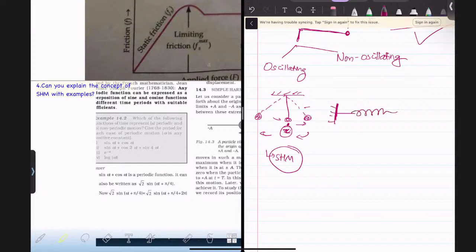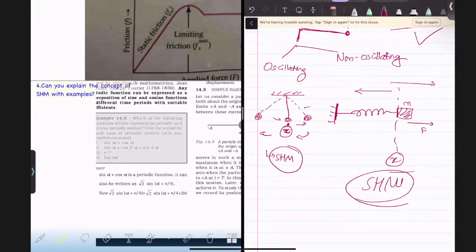If you tie a spring to the wall and attach an object of mass m and give a force of F, if you take this point as x, it will constantly move forward and backward, back and forth. It is constantly vibrating around the same point x. And this makes it an example of SHM.